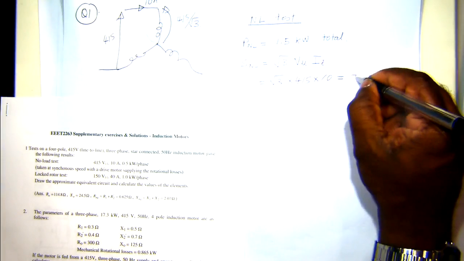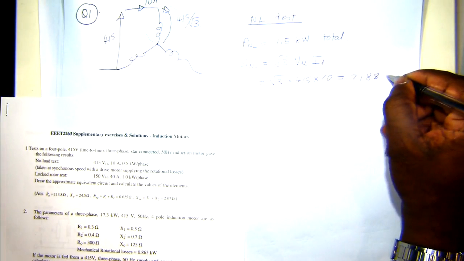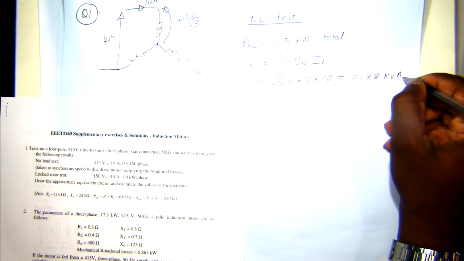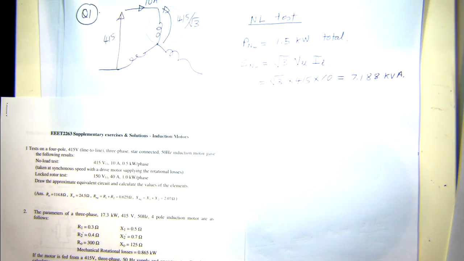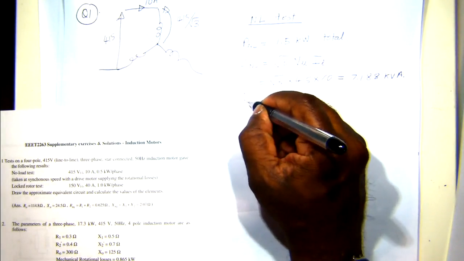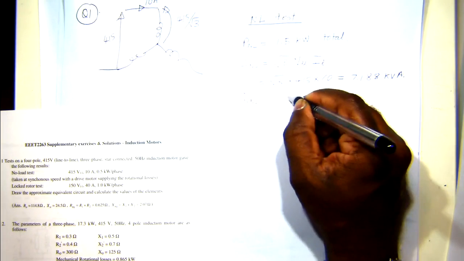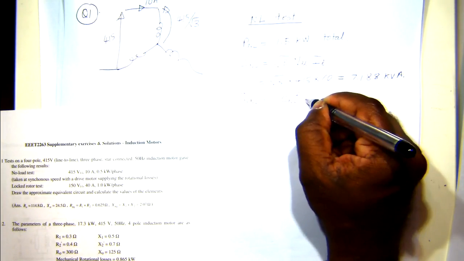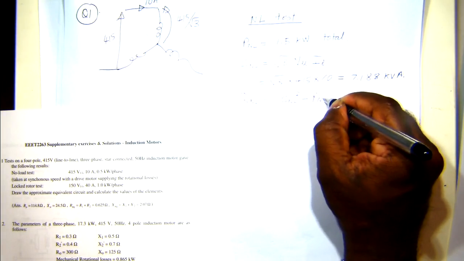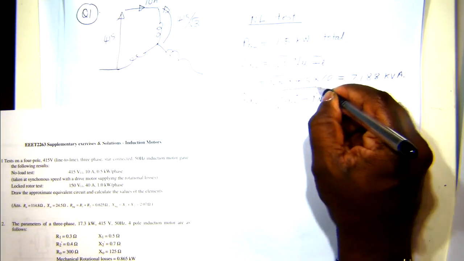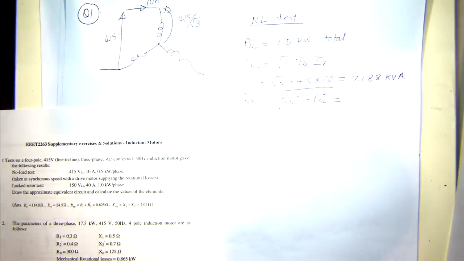That will be 7.188 kVA. That's the apparent power. And the reactive power, Q no load, will be the square root of S no load squared minus P no load squared. That will be the reactive power.